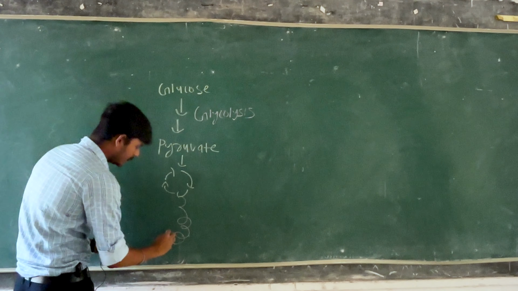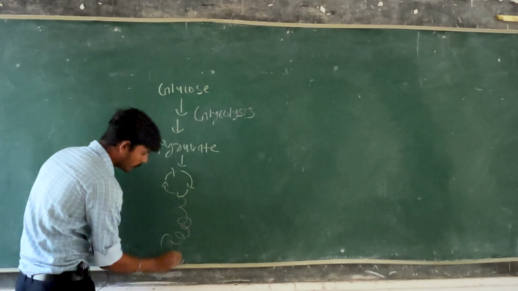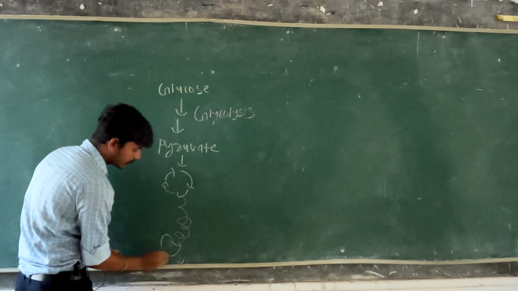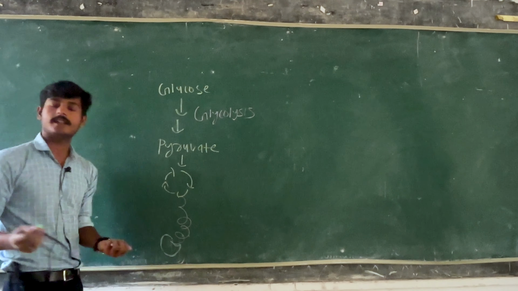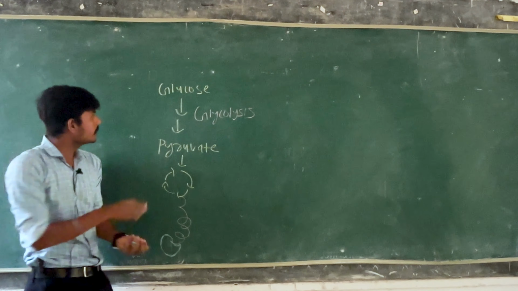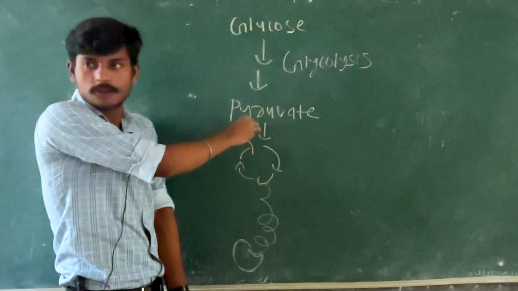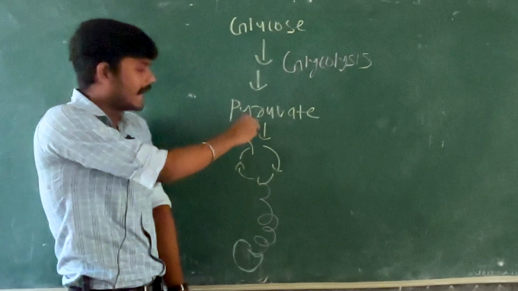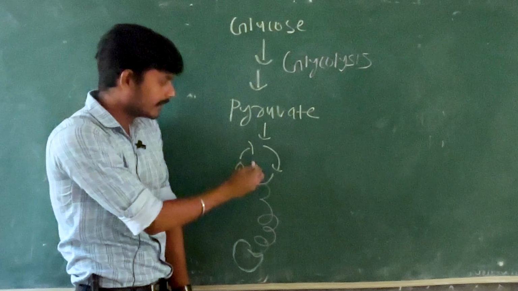In the electron transport chain, there is one molecule which accepts the produced electrons. So what is happening? From the glucose, the pyruvate will be made, and this pyruvate enters the Krebs cycle.